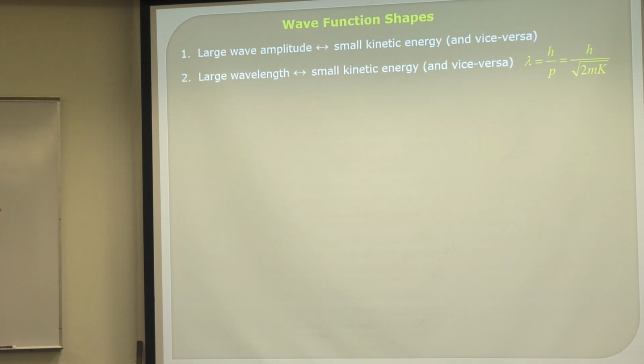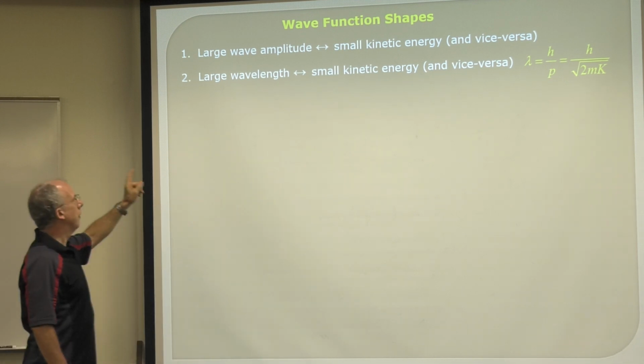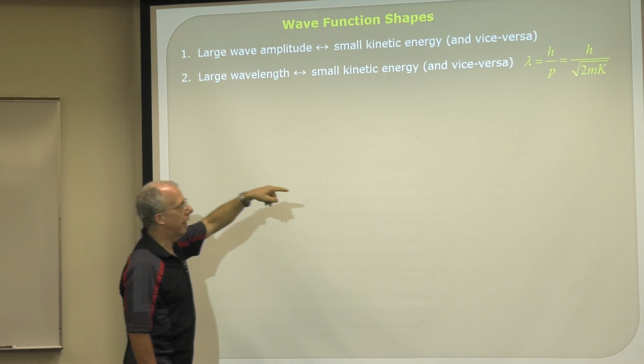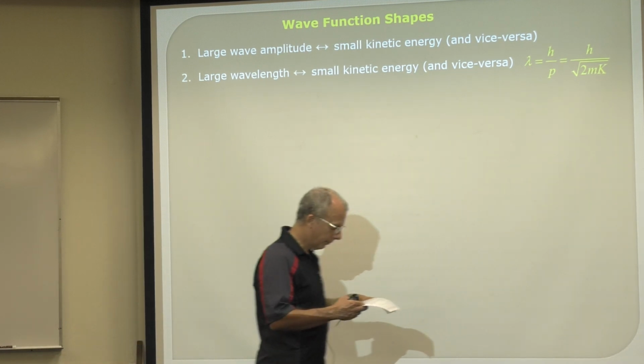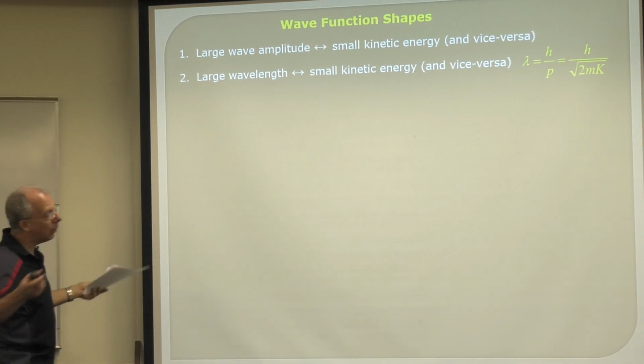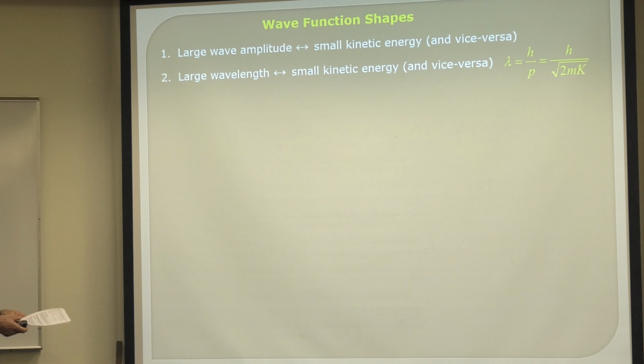Right? So here's our second fact that's going to help us guess the shape of a wave function. If we have a large wavelength, we have small kinetic energy. If we have a small wavelength, we have large kinetic energy. And it just comes from that formula up there. All right, so we have those hints or facts that will help us guess the wave function shape.